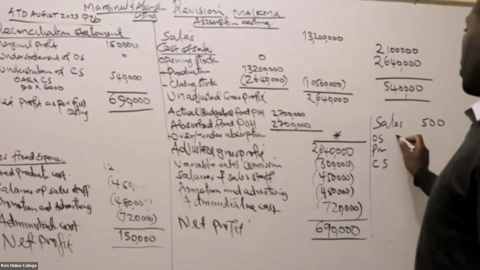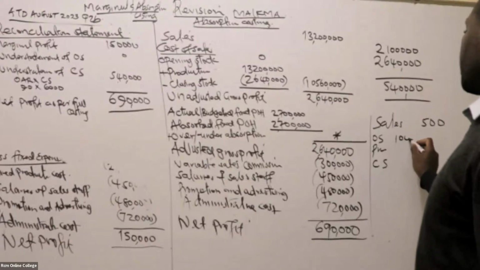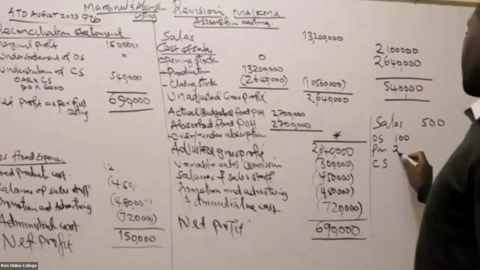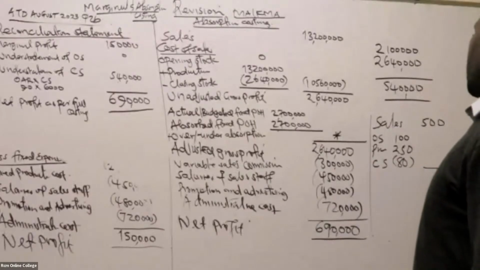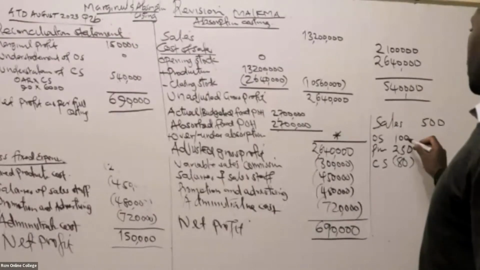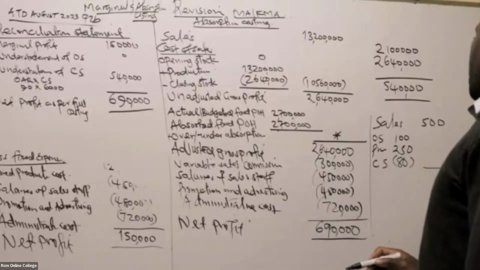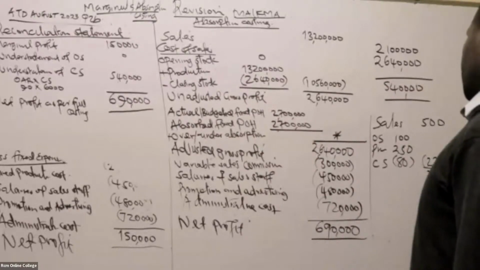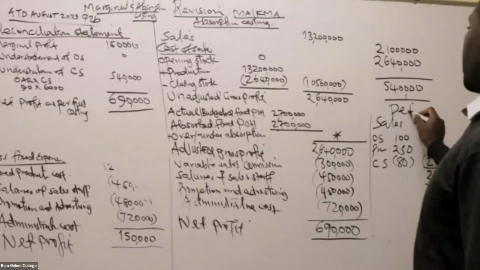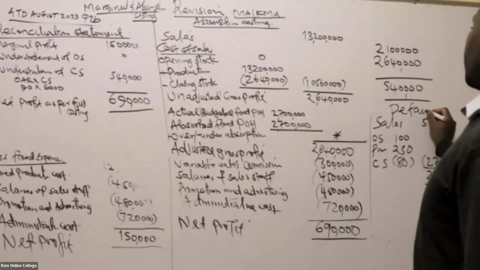Opening stock, put 100. Production, put 250. Closing stock, put 80, of course deducting. That gives cost of sales: 350 minus 80 is 270. 270 from 500 is 230.